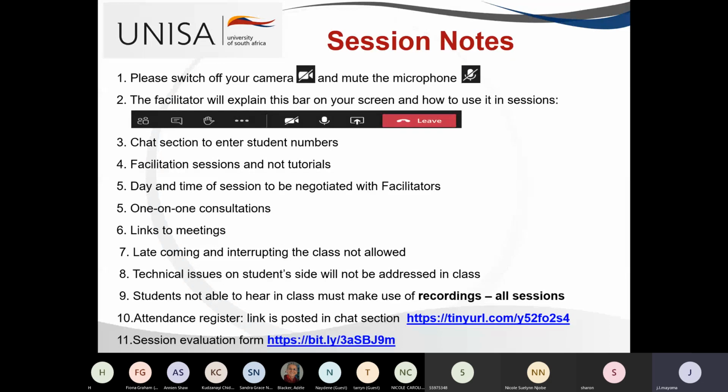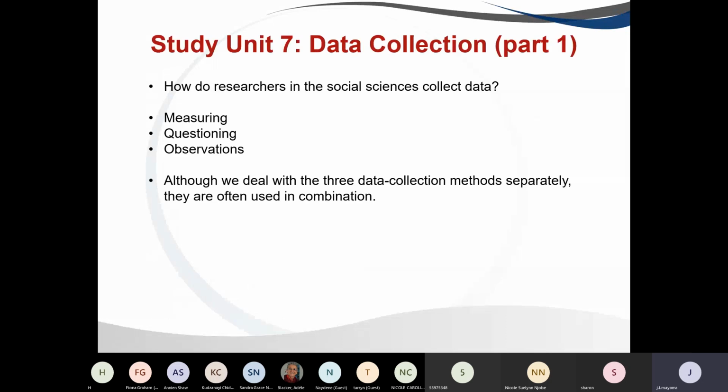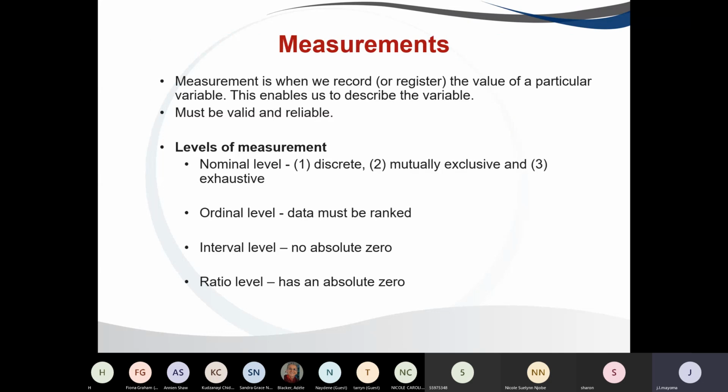Maybe just to run through what we looked at in the first half of Unit 7 for the benefit of those who were not with us. We looked at how social science researchers collect data. We looked at the tools of measuring, questioning, and observing. And then we went into measurement and talked about the various levels of measurement.